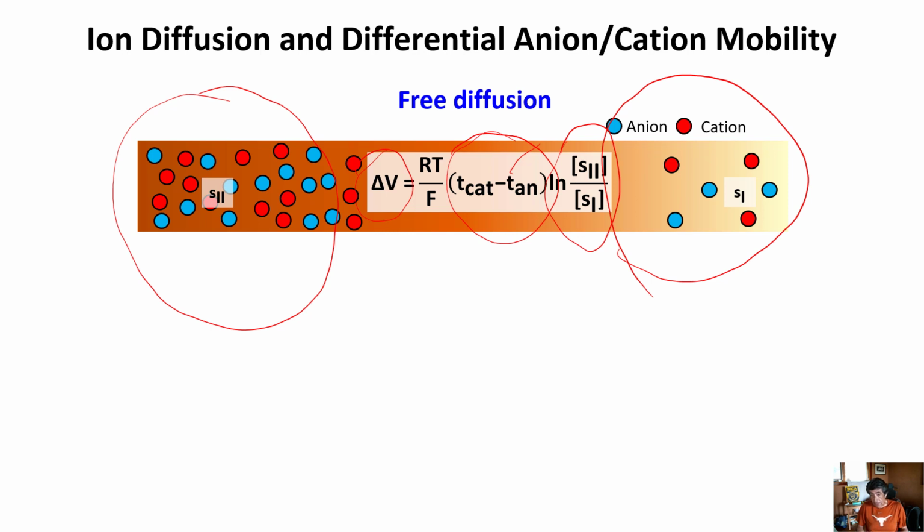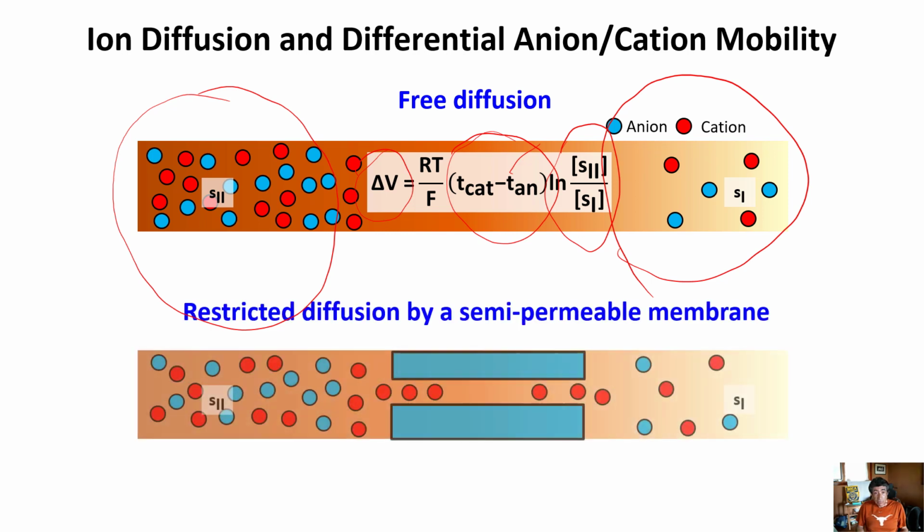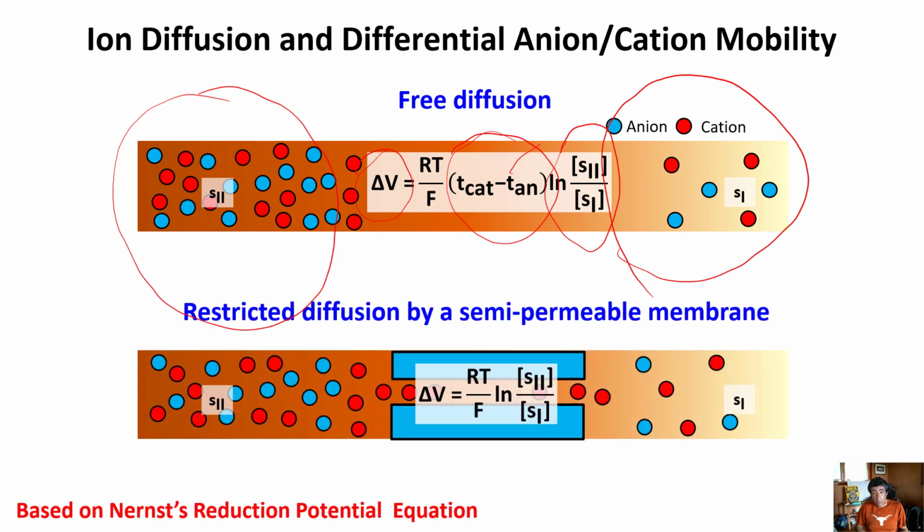But there's another physical situation that could happen, and that is what we refer to as a semi-permeable membrane. When you have a restricted diffusion in space, you make the transition from the high concentration to the low concentration. You have the gradient, and the gradient forces the equilibrium, the ion movement.